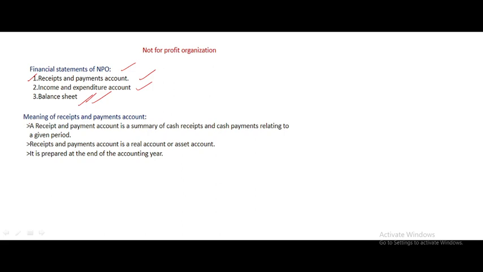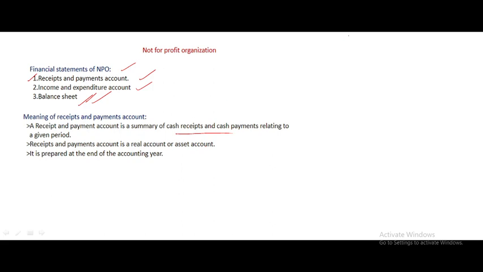Students, receipts and payment account is a summary of all the cash transactions relating to a given period or a particular period or an ending period.